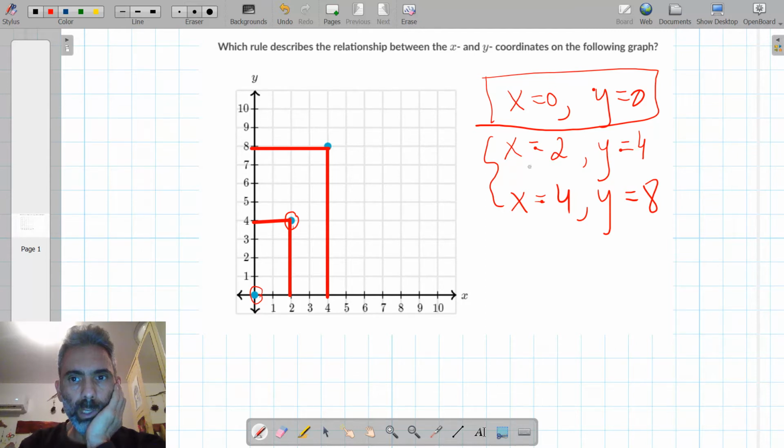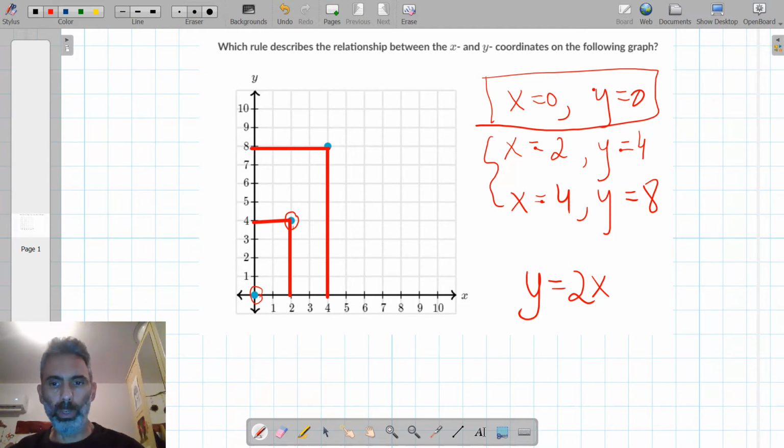Y is 4 and x is 2, y is 8, x is 4. So it seems that y equals 2x for each y. If we double the x, we get the value of y.